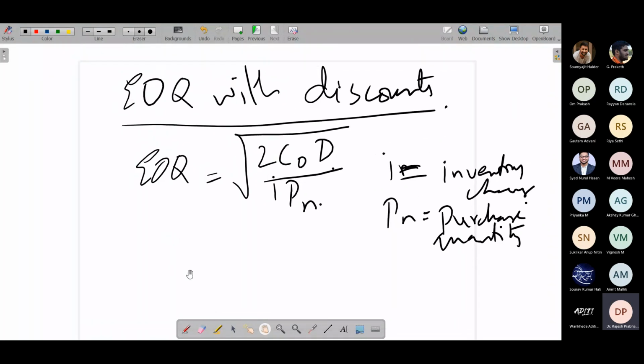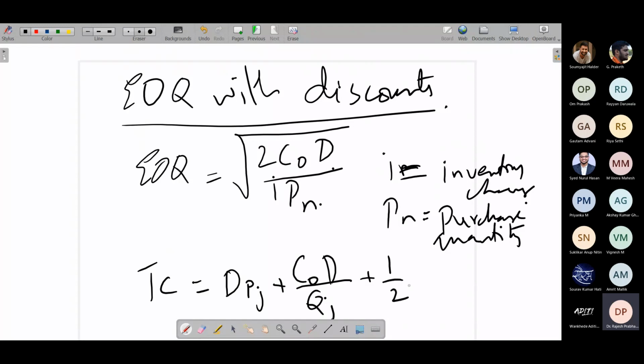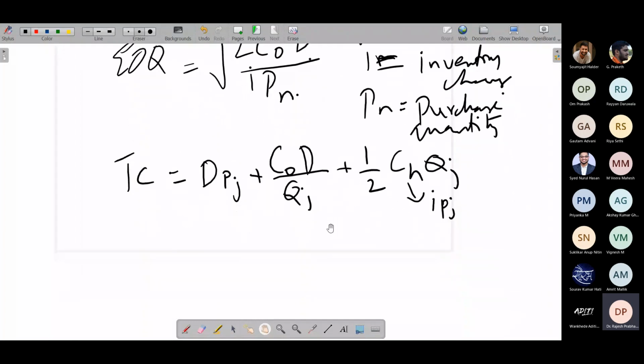The total cost TC is equal to Pj into D plus CO D by Qj plus 1 by 2 into CH into Qj, and CH is I into Pj. So these are the formulas for EOQ with discounts.